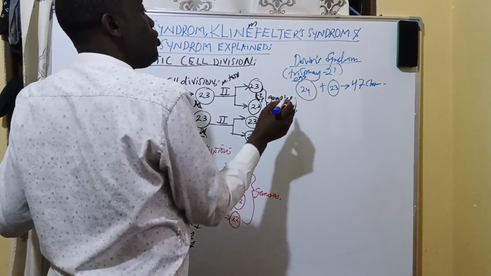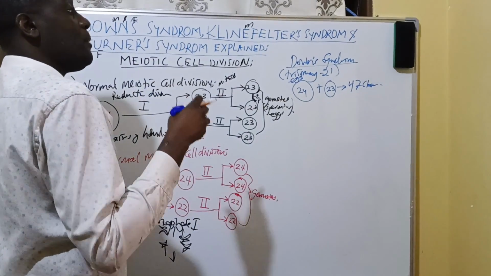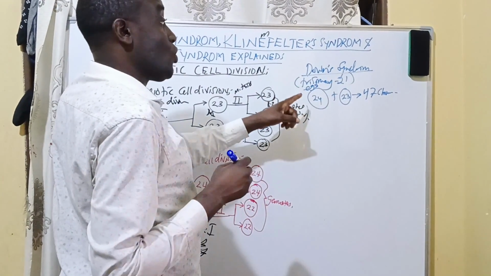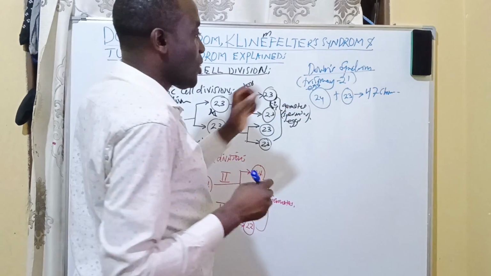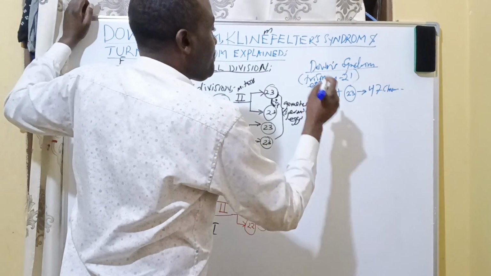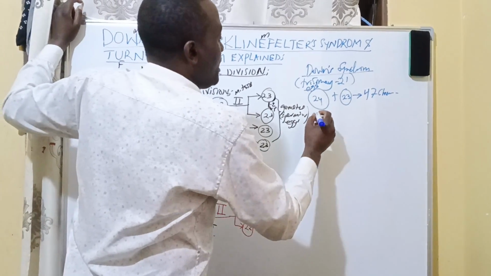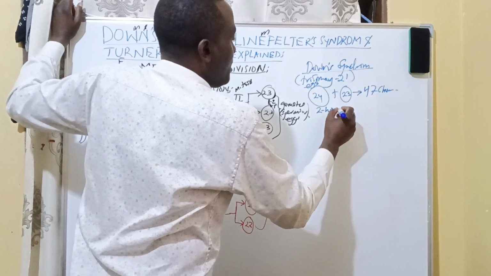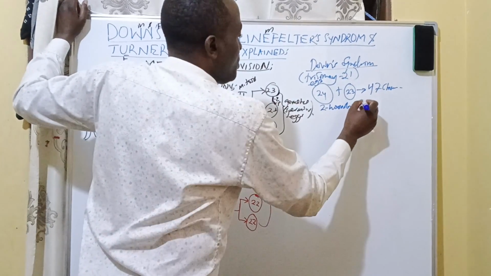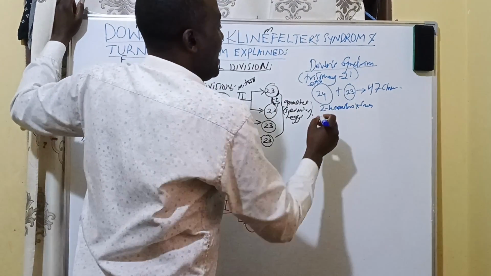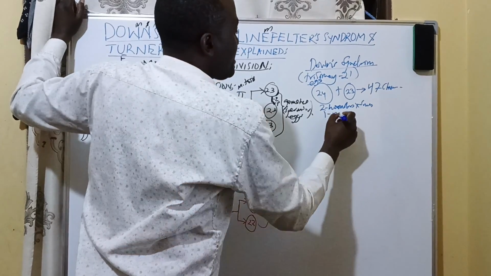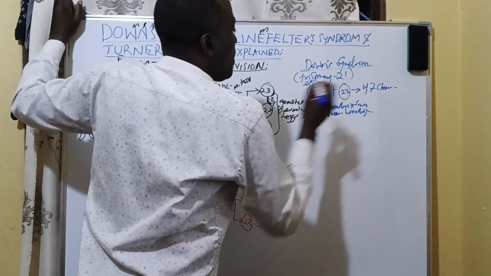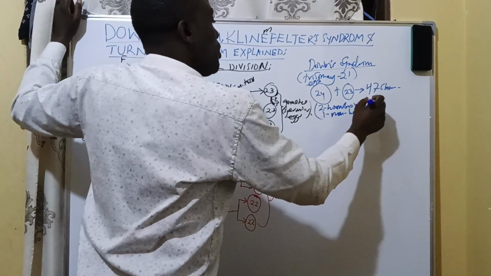However, for Downey's syndrome, the pair that fails to separate, the pair at chromosome 21, will be having two homologous chromosomes and one non-homologous chromosome at chromosome 21.